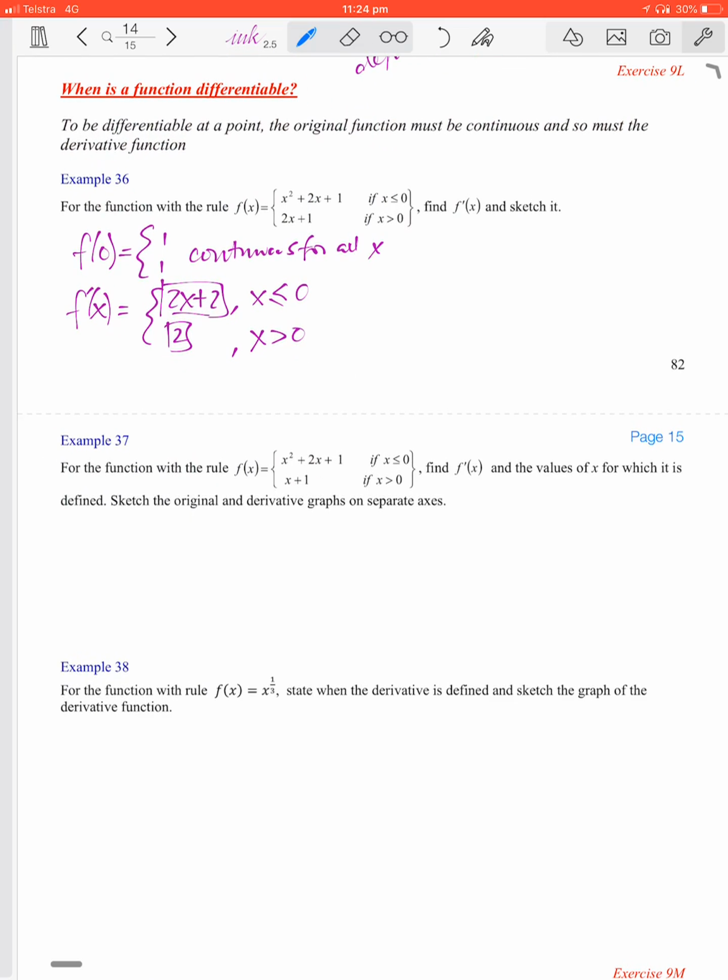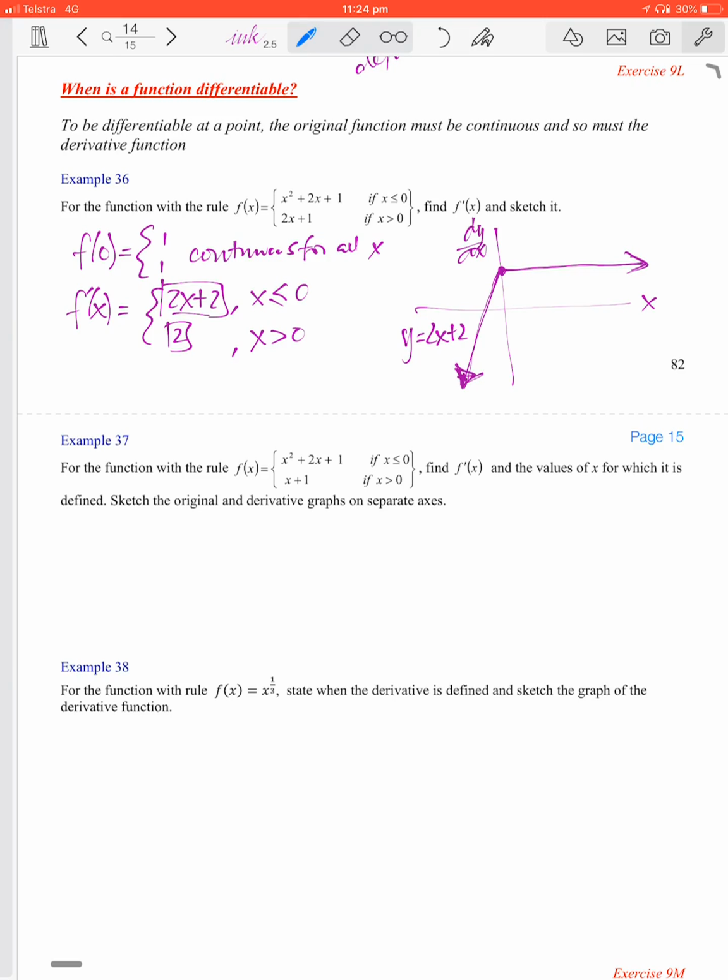So if we sketch it, 2x plus 2 when x is less than 0, so it's going to go through 2, and it's got a gradient of 2, so it's going to look like that. So that's y equals 2x plus 2. And then the other graph is y equals 2. So you can see here, when I graph dy dx versus x, I could draw this without taking my pen off the page.